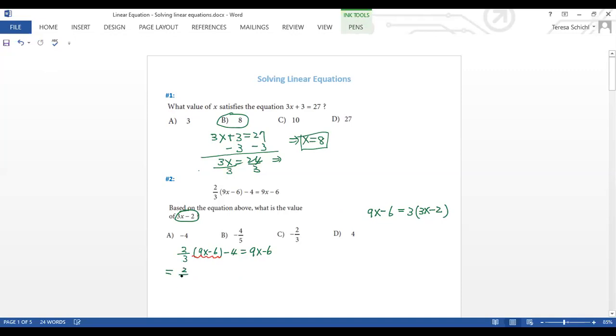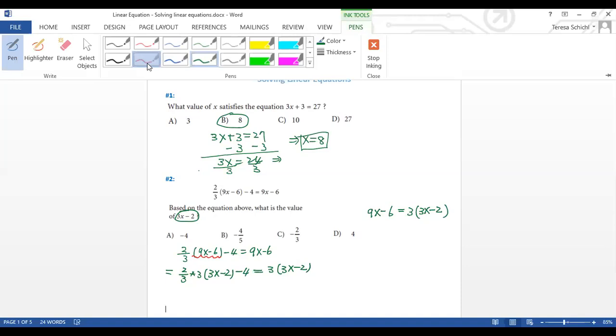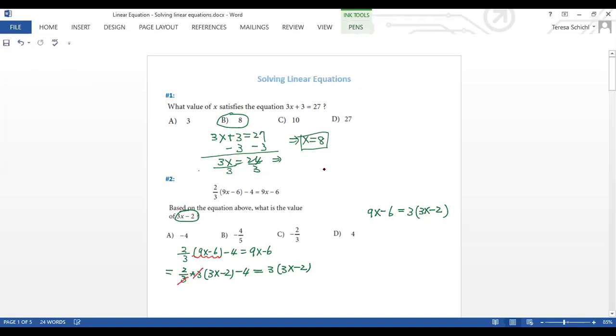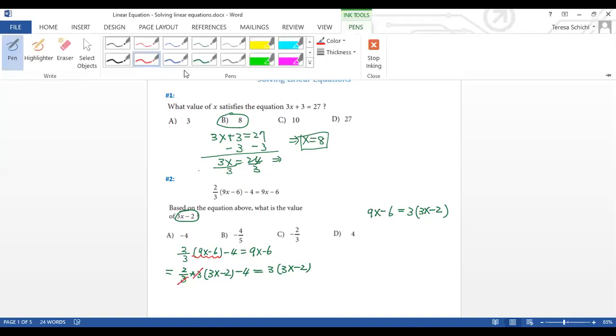So now you can simplify this. This is 2/3, then this is times 3, so you will have 3x minus 2 and then minus 4. In the same way, you factor this one out, and this is 3x minus 2. After you do that, you can cancel. So what do you have here?